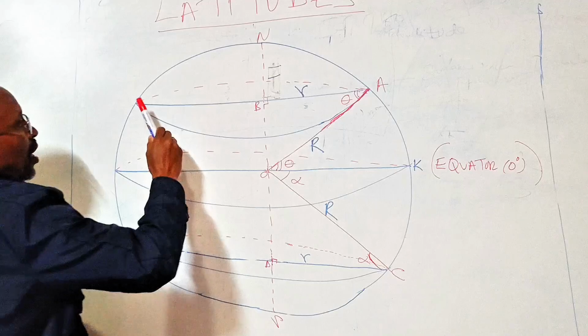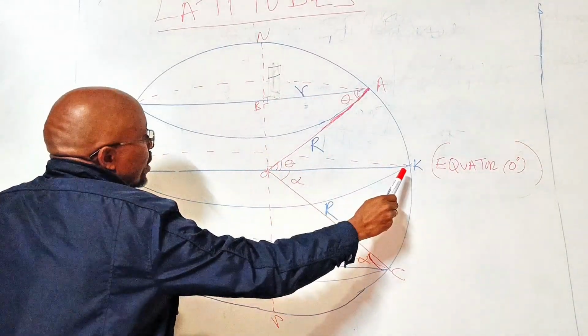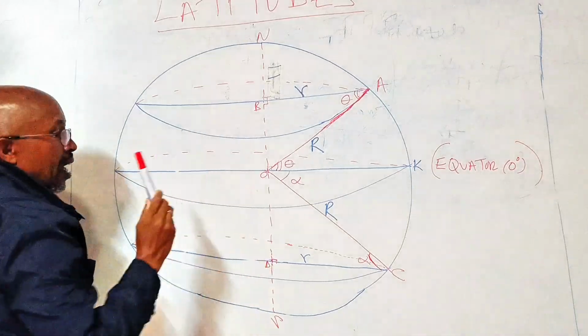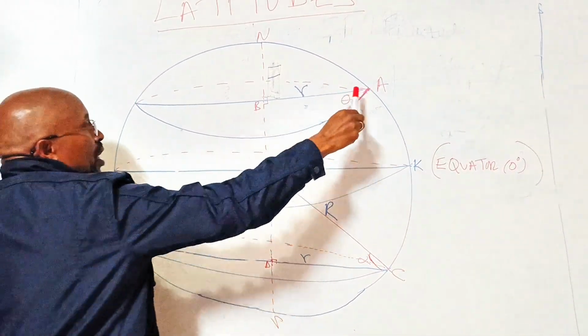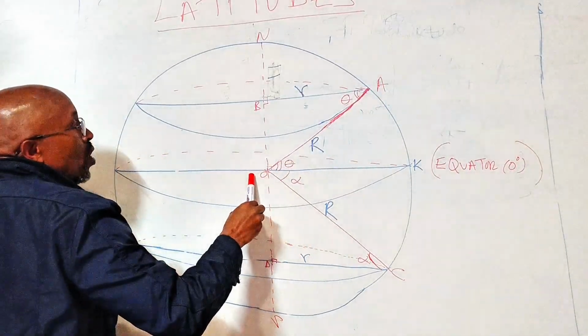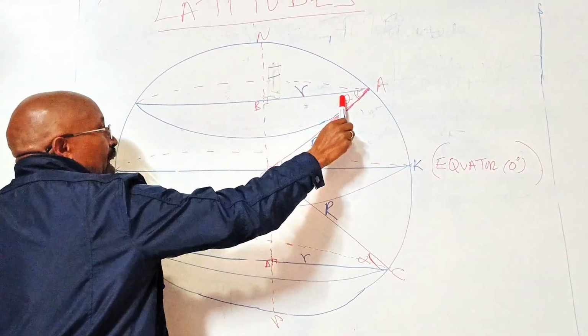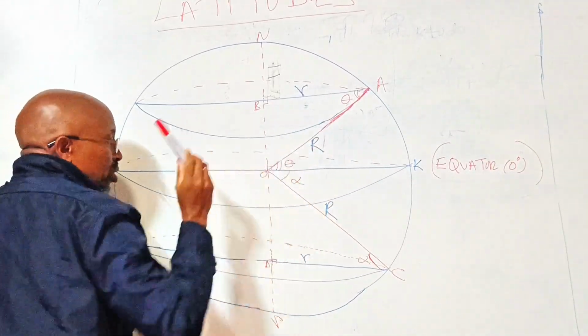And therefore, line BA is parallel to line OK. And it follows that now the alternate angles, our transversal is AO. And therefore, angle theta is equal to this other angle theta because they are alternate angles.